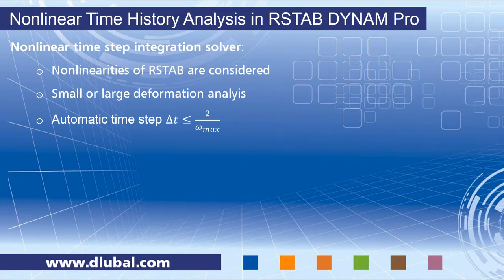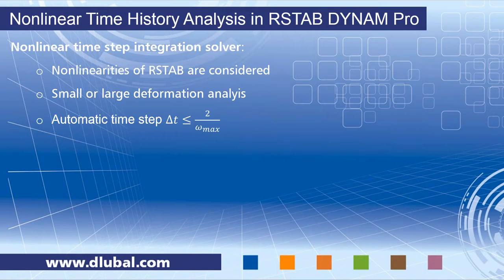In the linear case, the calculation is stable independent of the time step, but RSTAB automatically determines the time step that is needed for calculation, and it uses the omega max. This is a frequency, a maximum frequency. You can change this value in the detail settings of Dynam, but the default value is quite okay. This is just if you really think you need a smaller time step, but the automatic option in RSTAB is working very well.